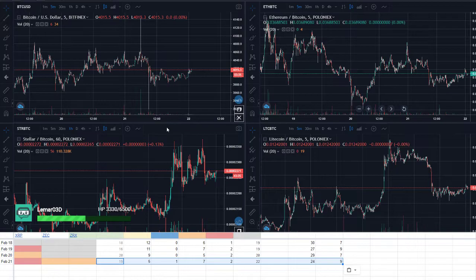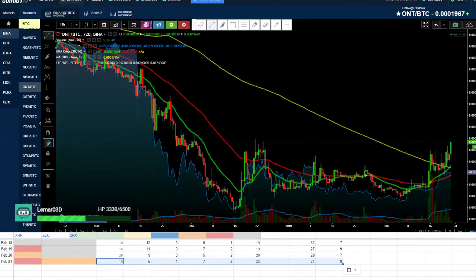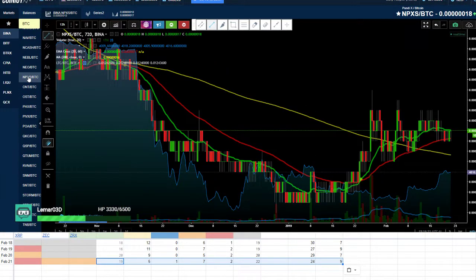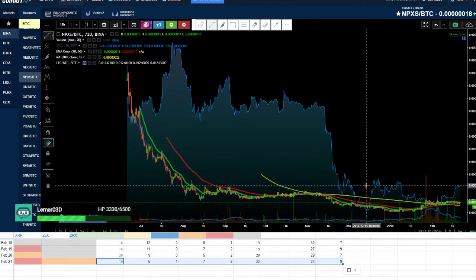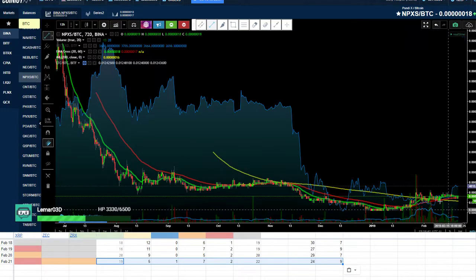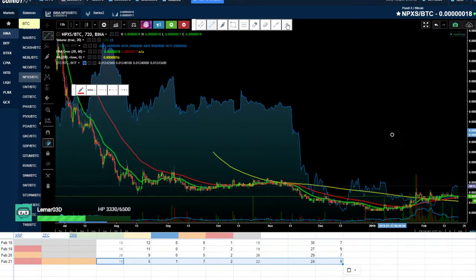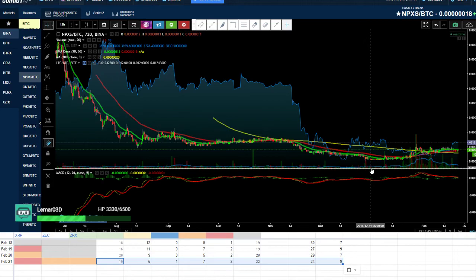Quickly back to these guys. NPXS. I'll take a look at it. Oh, it's right there. NPXS is great because it's such a low Satoshi coin. And look at this trading volume down here. Let me bring up the indicators.